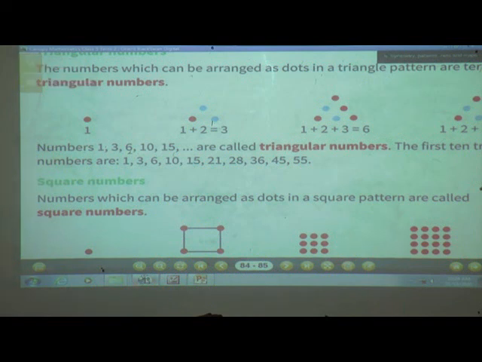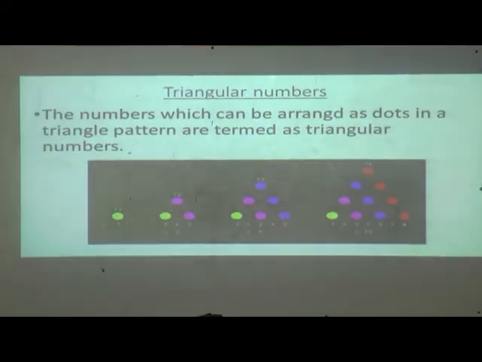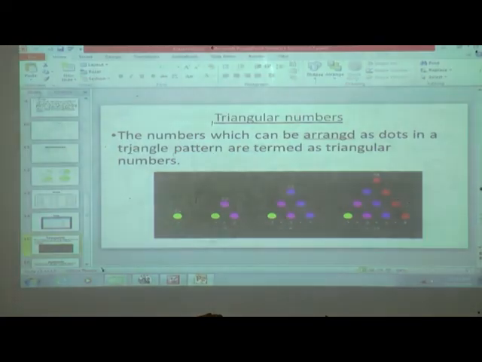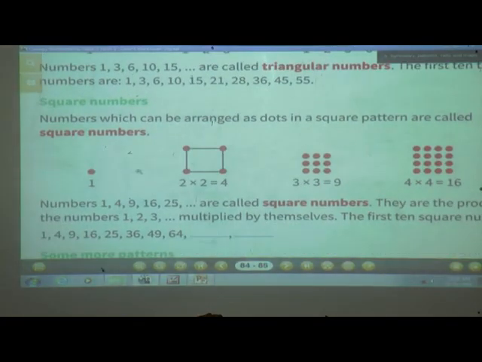Now see here, the numbers which can be arranged as dots in a triangle pattern are termed as triangular numbers. See, like this. Okay, so these are called triangular numbers. Now here, square numbers.